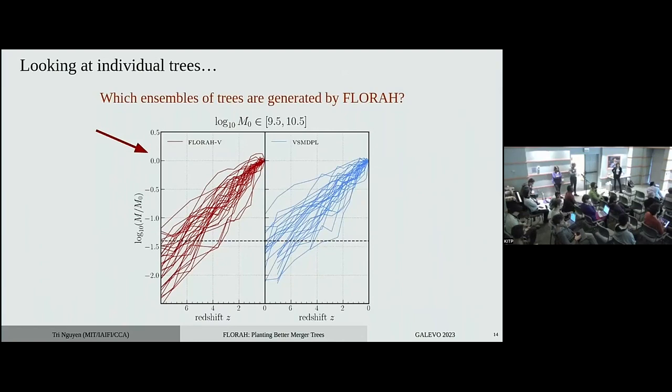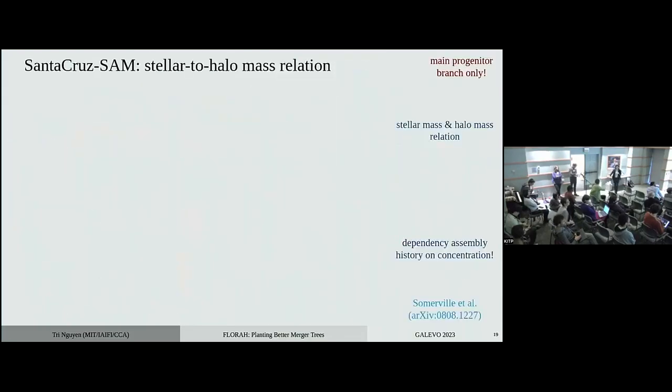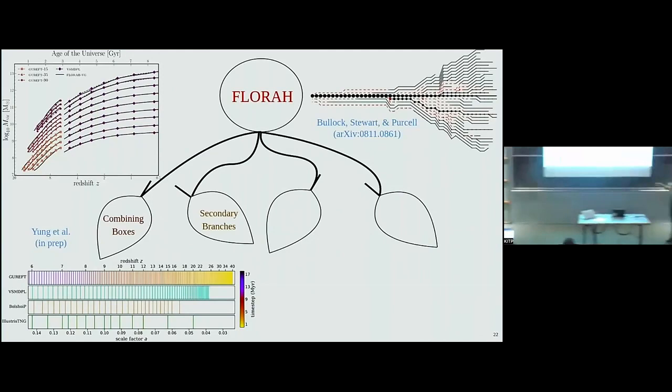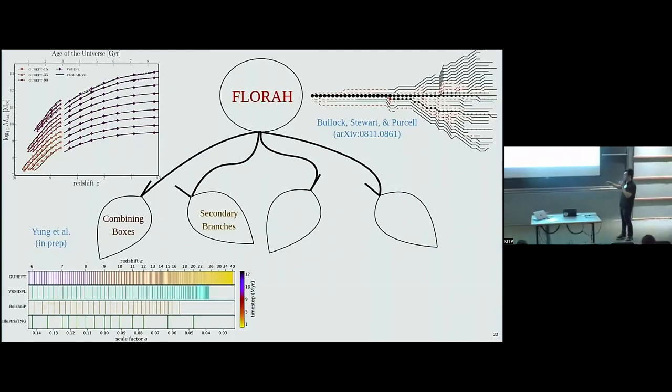Yes, we plan to include other properties. In one of the steps, especially the secondary branches here, we are able to capture somewhat the assembly bias because we use concentration, and concentration, like you say, does depend on the history of the trees. But when you include the secondary branch, things might change.